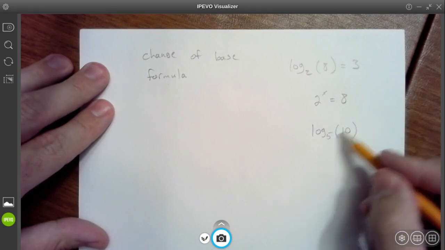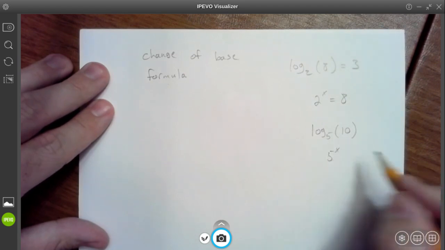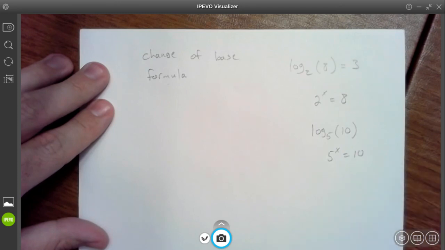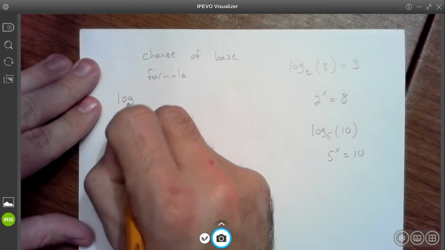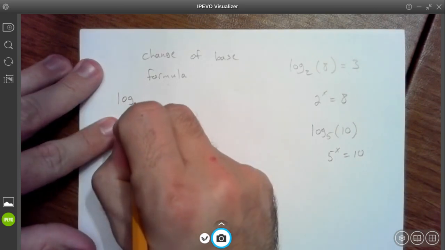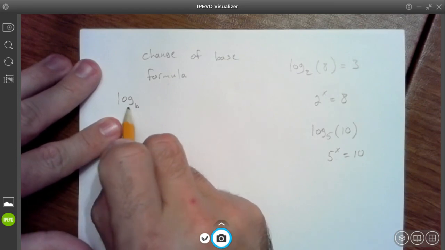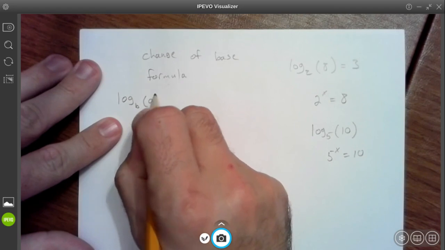We don't really know exactly what this is just in our brain, because we don't know what power to raise 5 to get 10 back as an answer. So what we're going to do is revisit our definition for logarithms, right? I want a different way of thinking about log base b of something, all right?